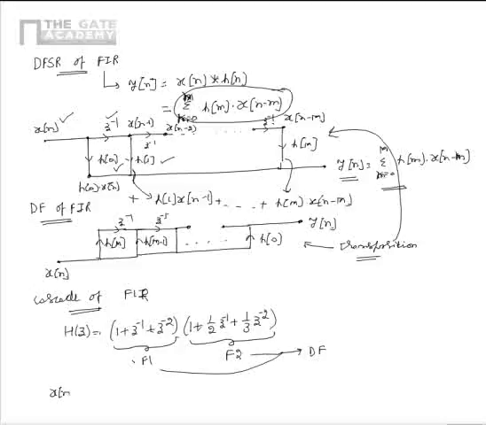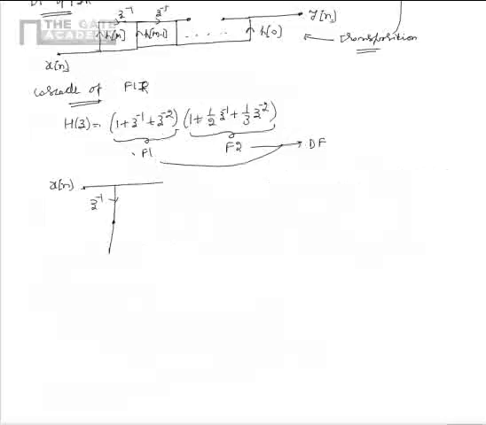Let the input be x of n, which is delayed by z inverse twice, and the outputs, that is x of n minus 1 and x of n minus 2, are weighted by 1 to get an intermediate output.